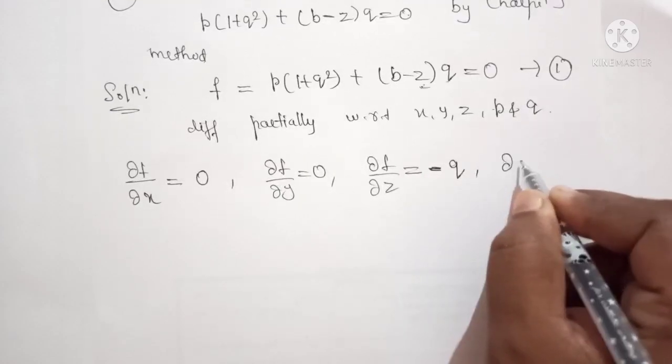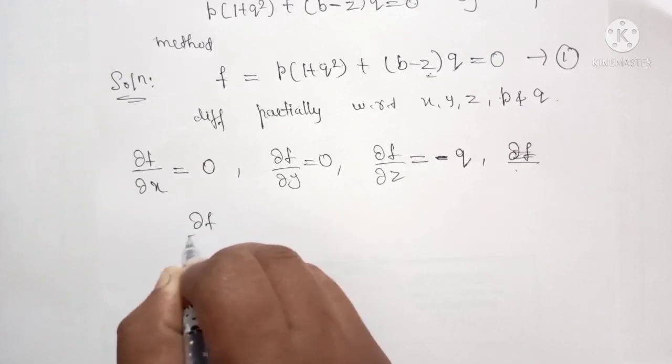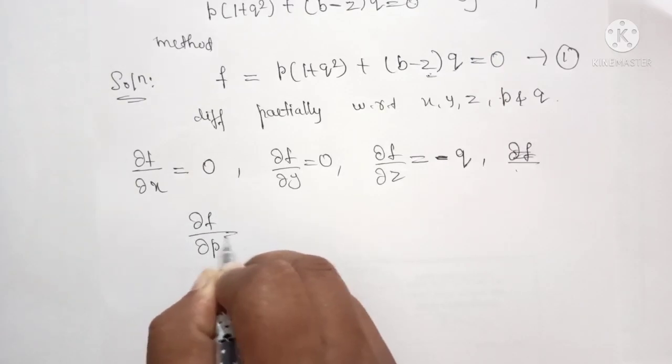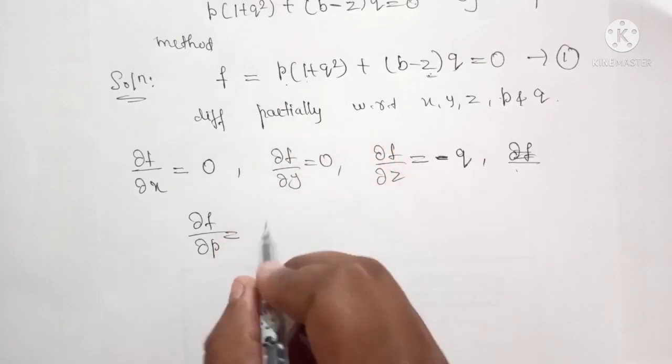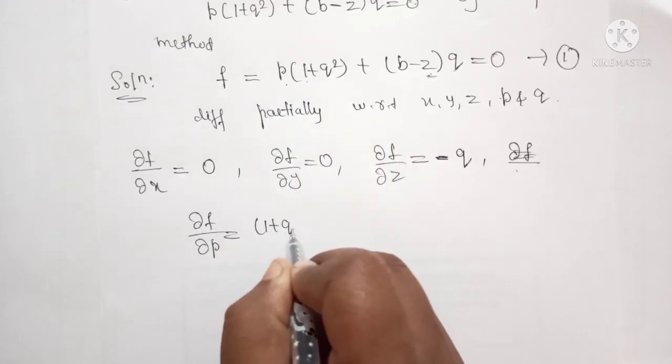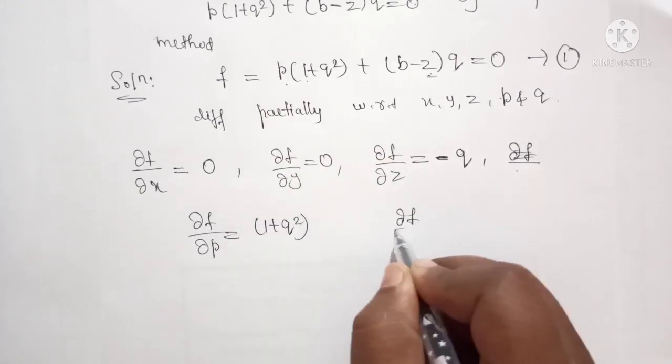Next, differentiating with respect to p, dou f divided by dou p is equal to 1 plus q square, p differentiation is 1.